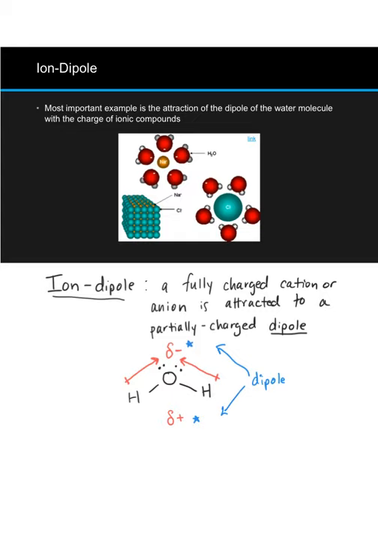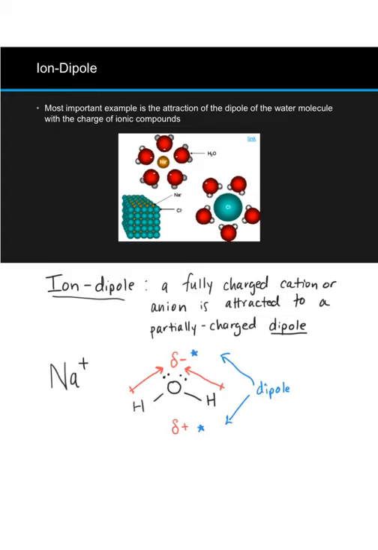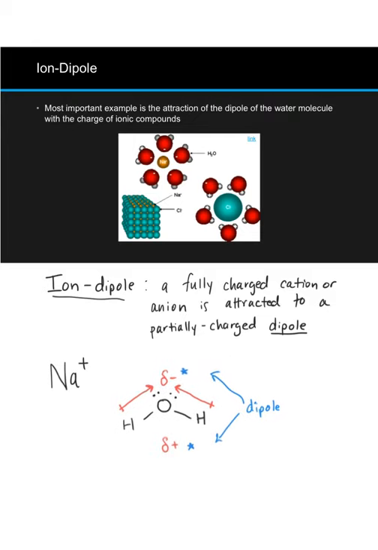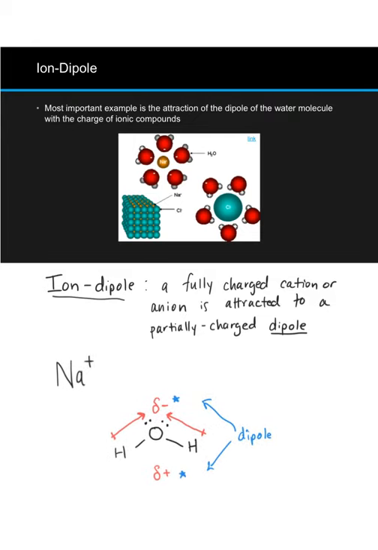Now, imagine some stranger, like a sodium cation, coming close to this water molecule. As this ion of sodium and molecule of water approach each other, what we'll see is that the sodium cation likes to be near the partially negative end of this water molecule.